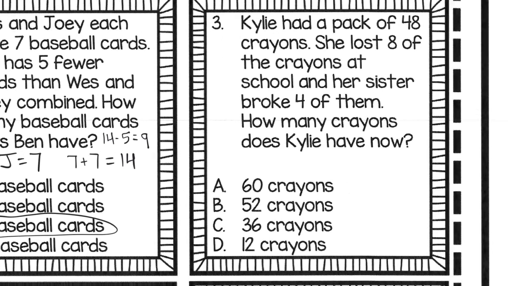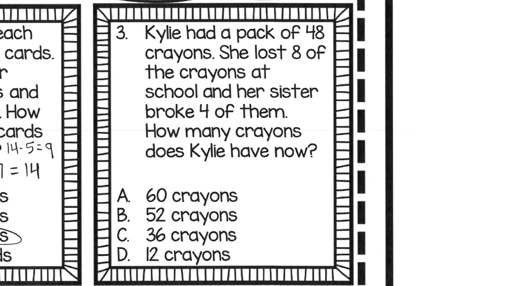Let's move on. Kylie had a pack of 48 crayons. She lost 8 of the crayons at school, and her sister broke 4 of them. How many crayons does Kylie have now? Oh no. So she started with 48. If you lose 8 of them, we're going to say that's minus.